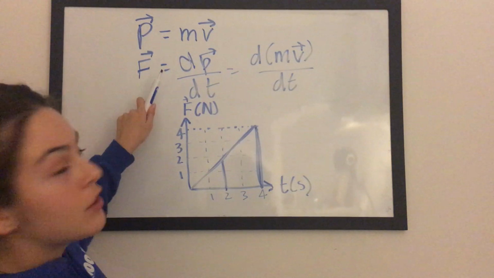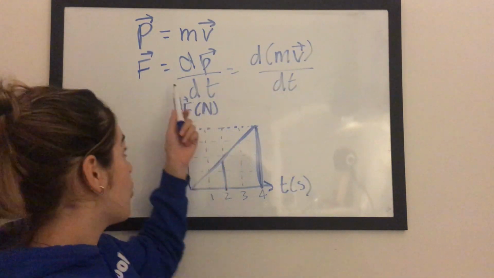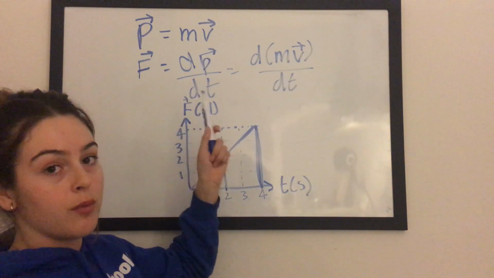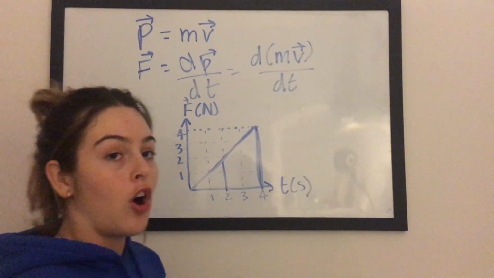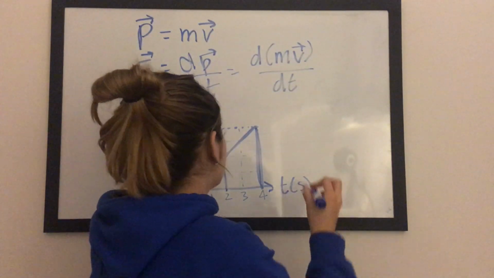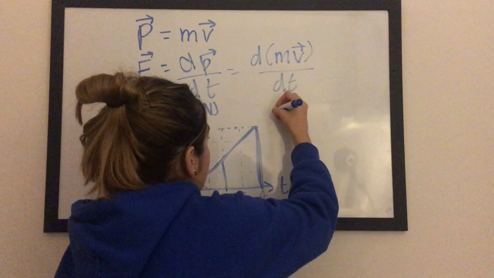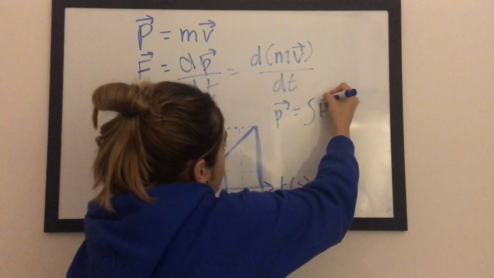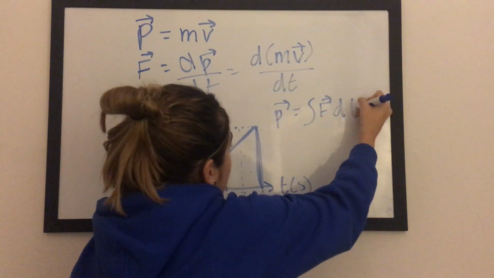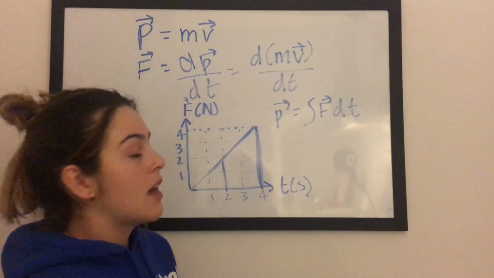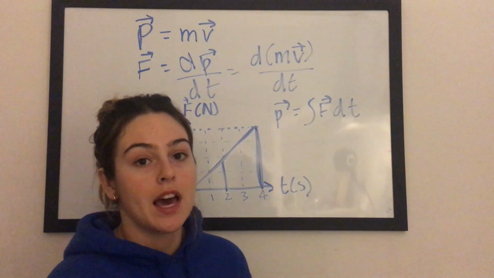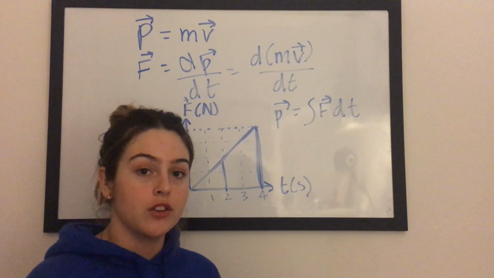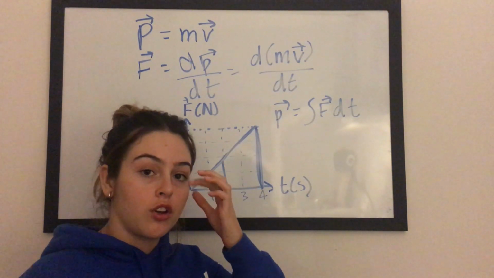So we can use this formula above that states that force is the derivative of momentum, and we can take the opposite of the derivative to say that the momentum is equal to the integral of force, which also means that momentum is equal to the area underneath the force curve.